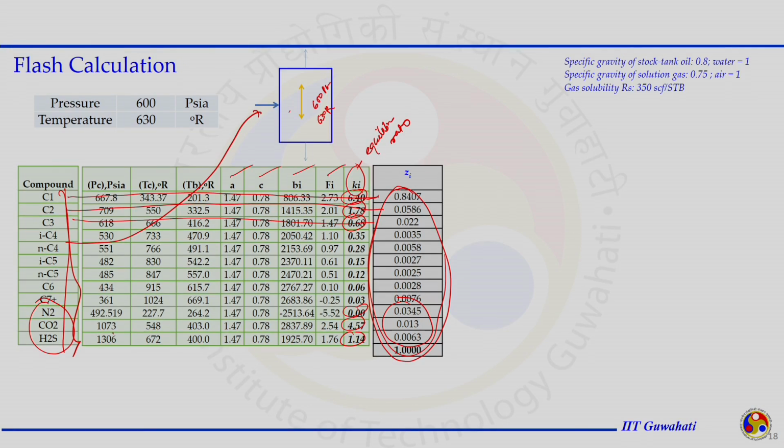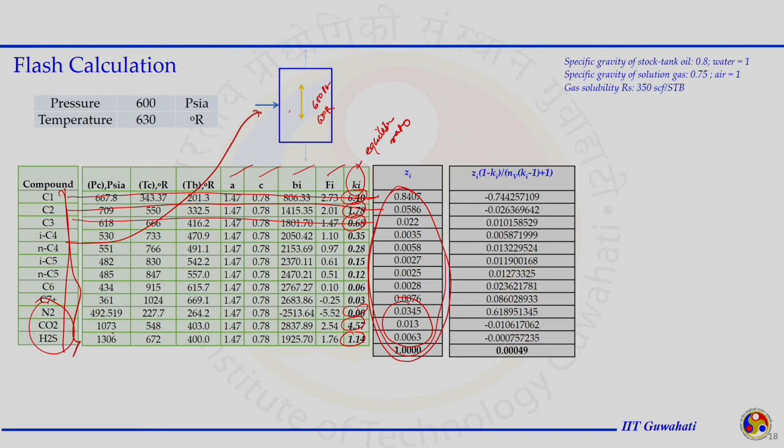If you remember the expression that allows us to choose a particular value of Nv that satisfies it, we can set it up in Excel or in a mathematical program. It simply says the summation over individual compounds of Zi multiplied by (1 minus Ki), divided by (Nv times (Ki minus 1) plus 1).